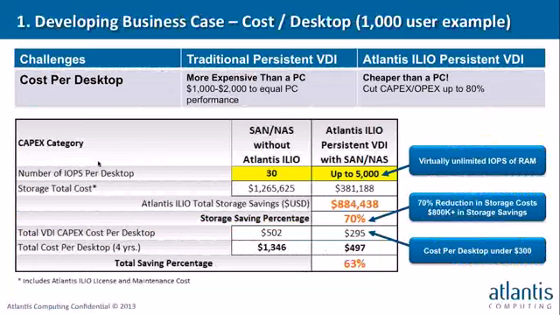At the same time, we're reducing the cost of delivering that storage from near $1.2 million down to just under $400,000. So representing a 70% saving in CAPEX over that cost of that desktop. And as we break that down to a per desktop price, we're under $300 for the infrastructure required to deliver that virtual desktop.